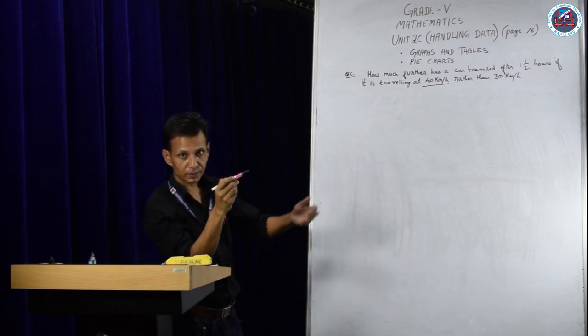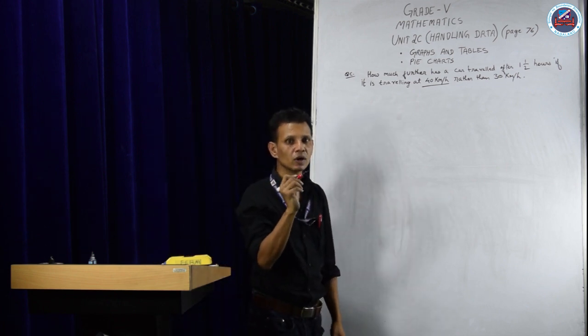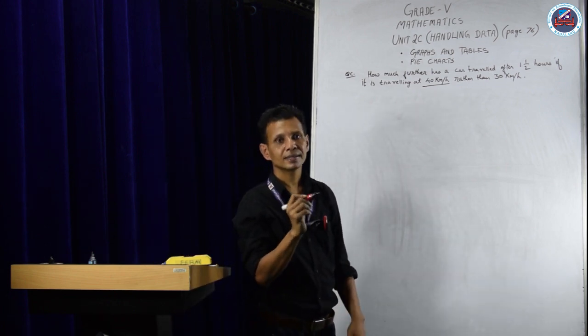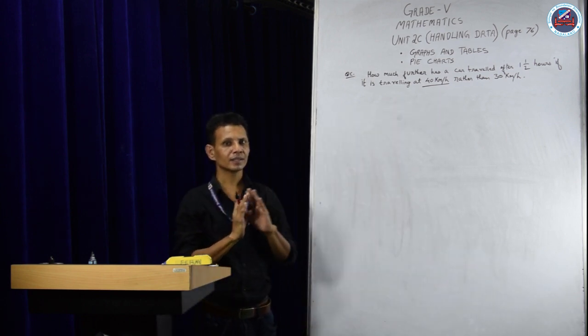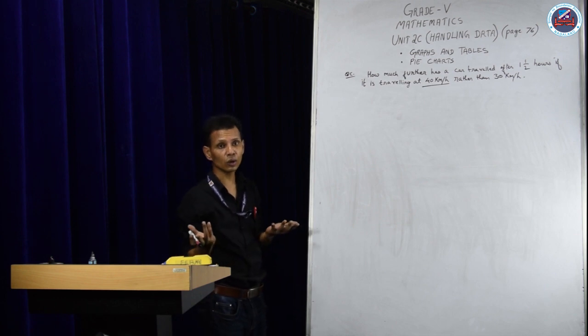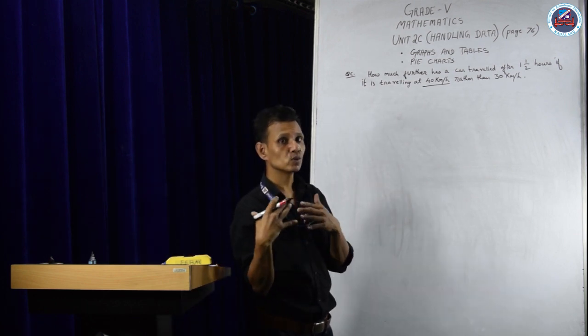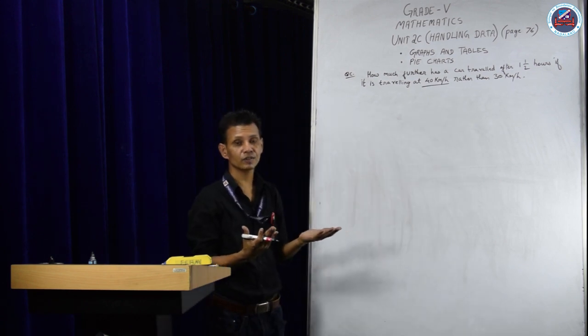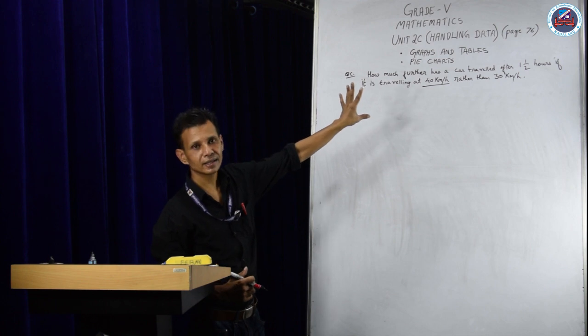Kilometer per hour means this is speed. They will never give you directly which one is the speed, the time, or the distance. But how will you know which is which? Kilometer per hour means obviously that is speed.